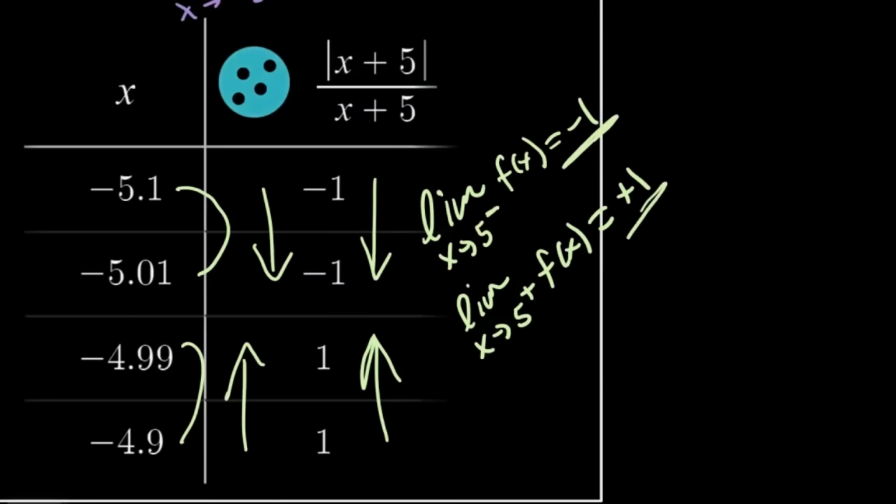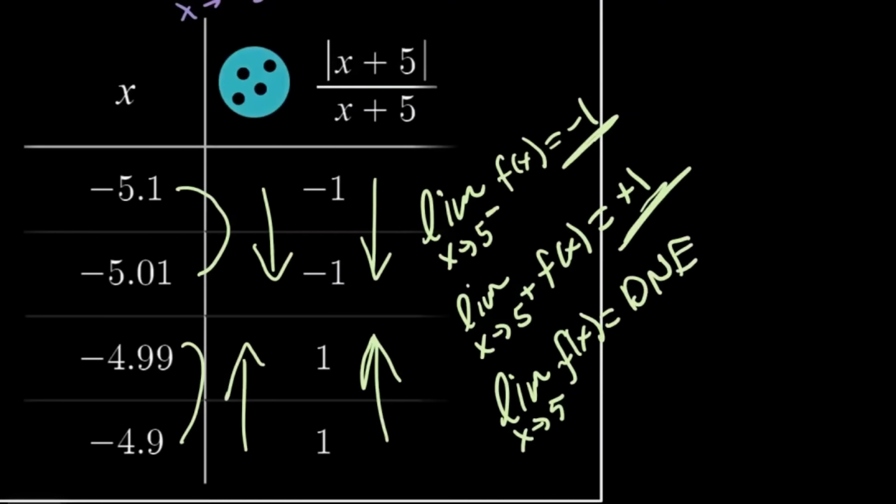And because the one-sided limits are not equal, that means the limit does not exist. So the limit of this function as we approach 5 is DNE, does not exist. And how can we tell it from the table? Well, as we change x from this direction, change x from this direction, this one is staying at 1. It's going to continue being 1 as we approach 5. This one's going to continue being a -1 as we approach 5 as well.